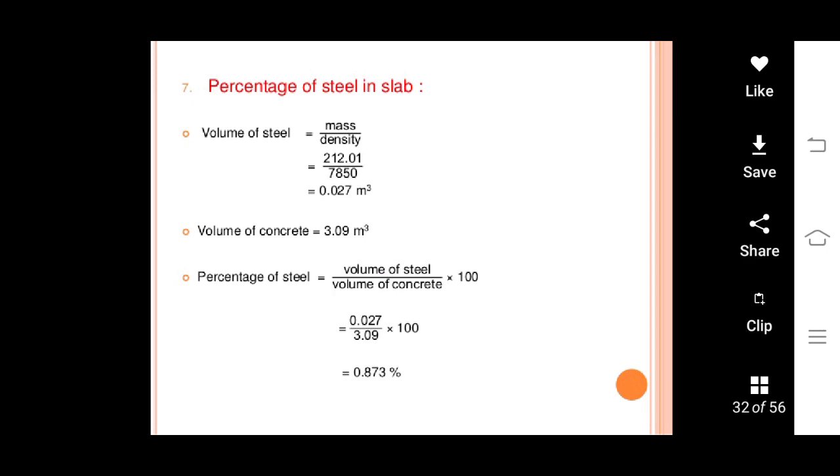The volume of concrete is 3.09 meter cube, and percentage of steel in concrete slab is volume of steel divided by volume of concrete into 100, which is equal to 0.027 divided by 3.09 into 100, which is equal to 0.873%.